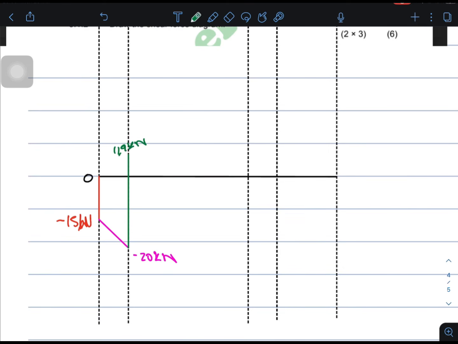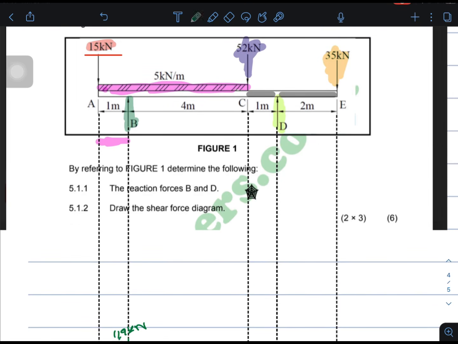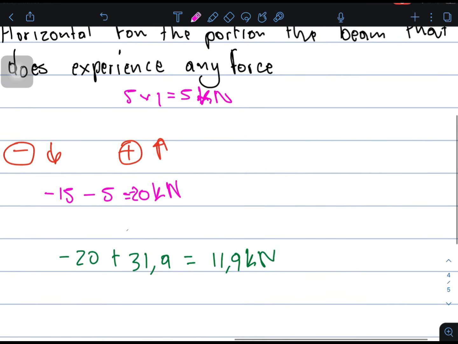So let's say positive 11.9 is here, kilonewtons. Okay, the next force that I have is the uniformly distributed load again in this portion, which is acting for 4 meters. So what is it going to be? It's 5 times 4, which is negative 20.